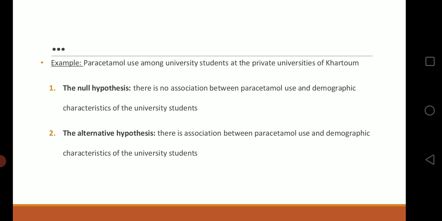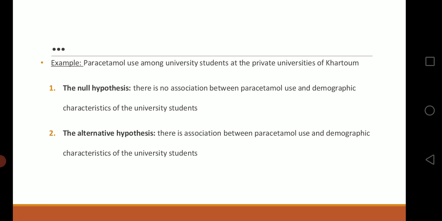Okay, we clarify that through this example, the same study that assessed paracetamol use among university students. We assume that we have our two hypotheses. The first hypothesis, as we said, is the null hypothesis, meaning that there is no association between paracetamol use and demographic characteristics of university students, that there is no difference or no association between the frequency of use and age.